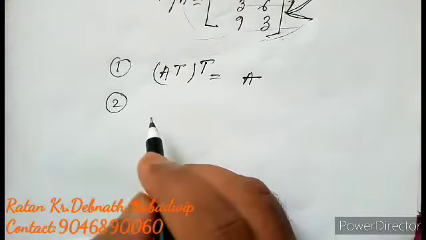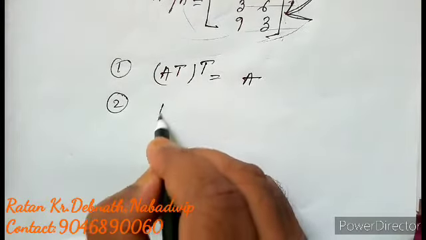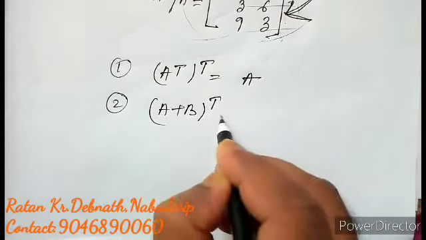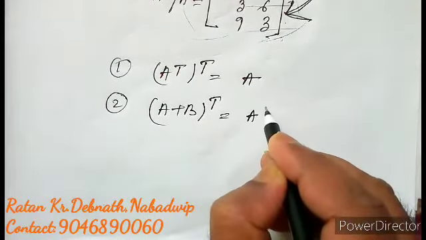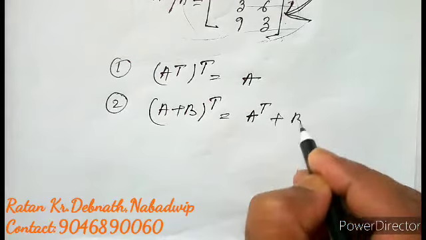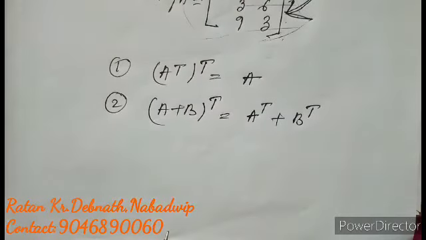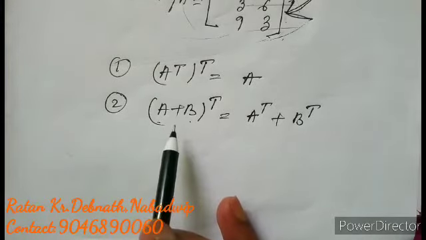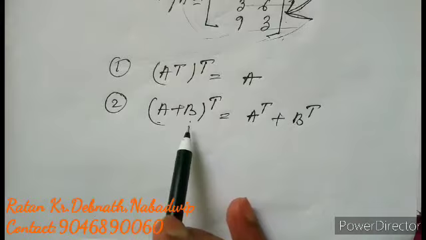Property number 2: A plus B whole transpose equals A transpose plus B transpose. Here A and B are two matrices of the same order.